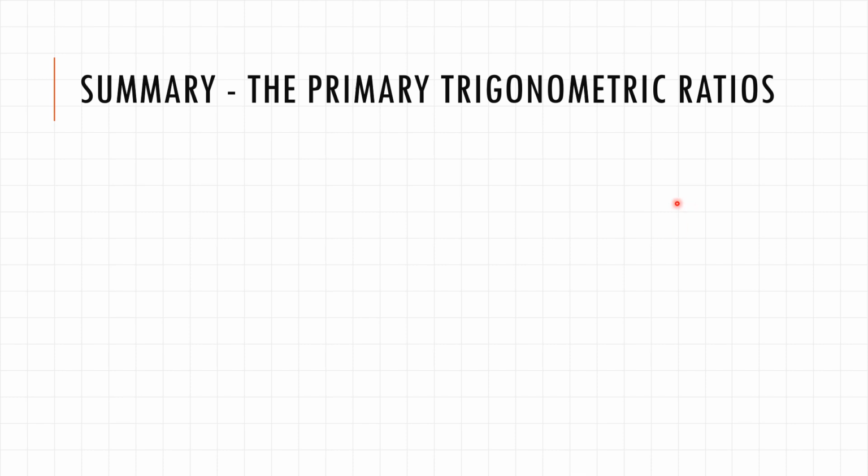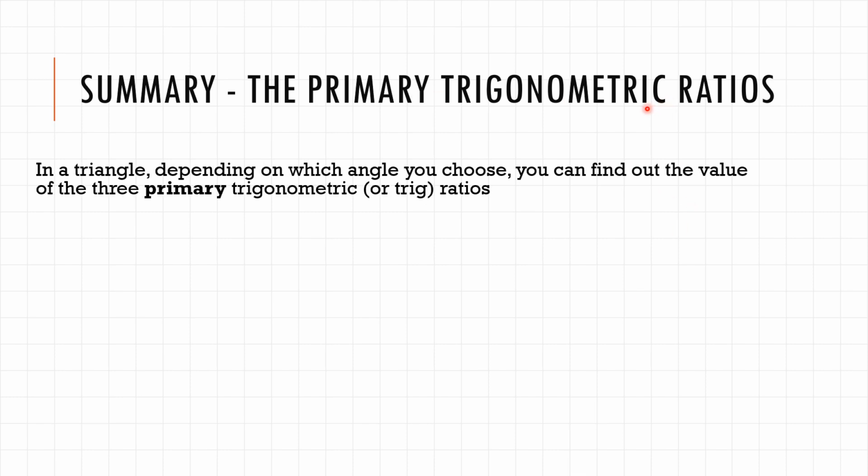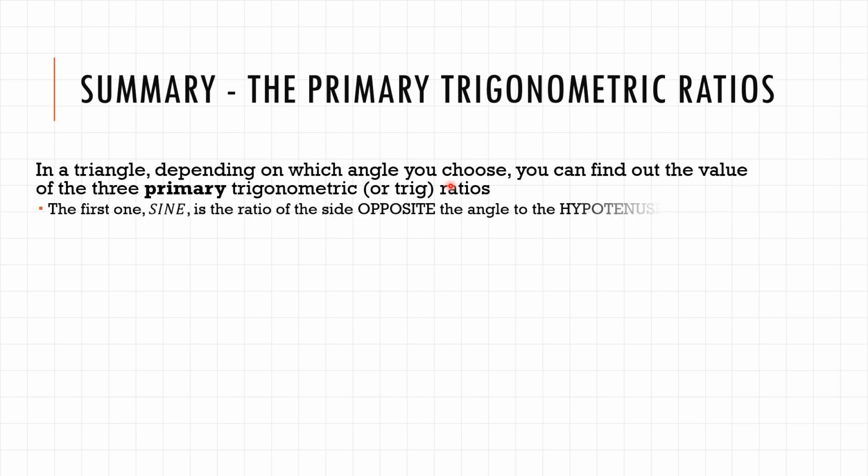Start off by looking at right triangles first of all. And in a right triangle, depending on which angle you choose, there are three ratios that are always true. The sine ratio tells you how big the side that is opposite the angle you're talking about will be in relation to the hypotenuse. How many times as long as the hypotenuse is the opposite side.